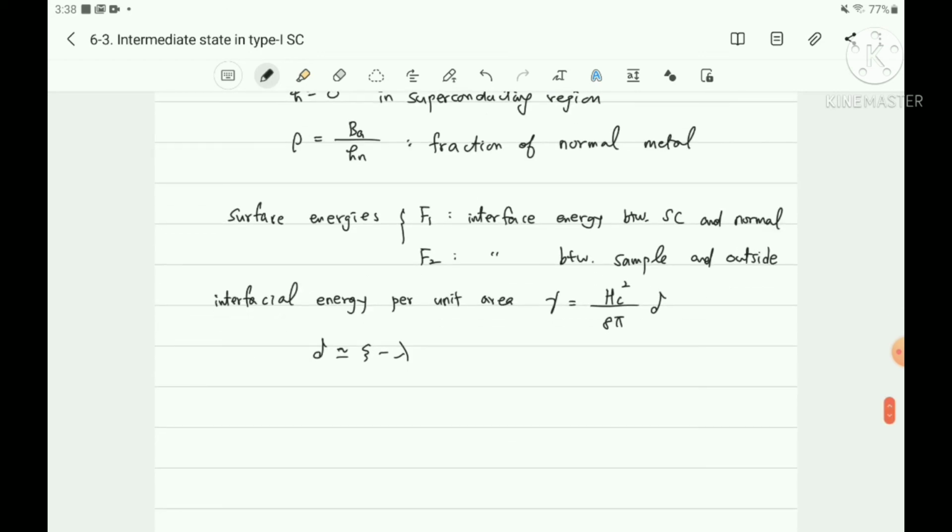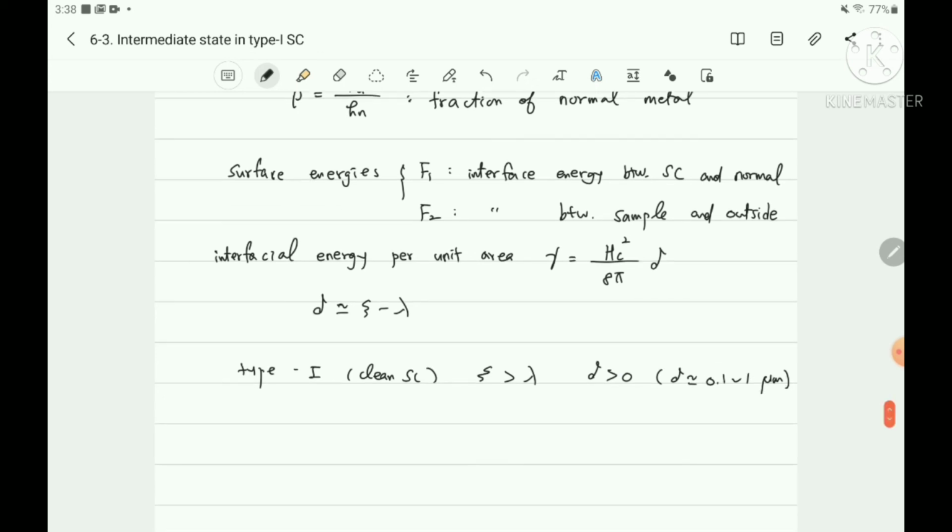As you know, in a type 1 superconductor, or the clean superconductor case, because the coherence length is larger than the penetration depth, delta is positive, and in many cases delta is on the order of 0.1 to 1 micrometer.